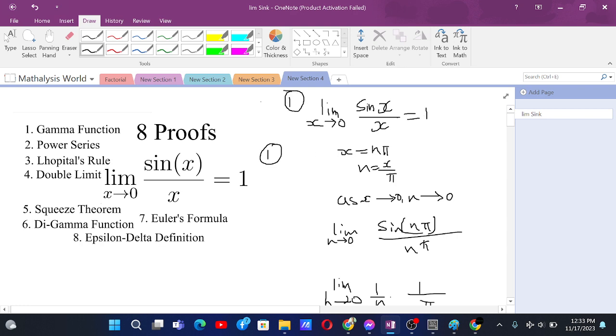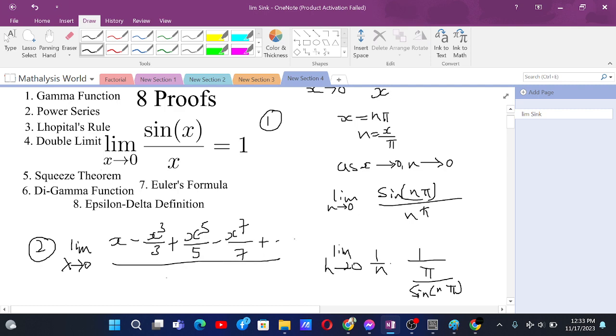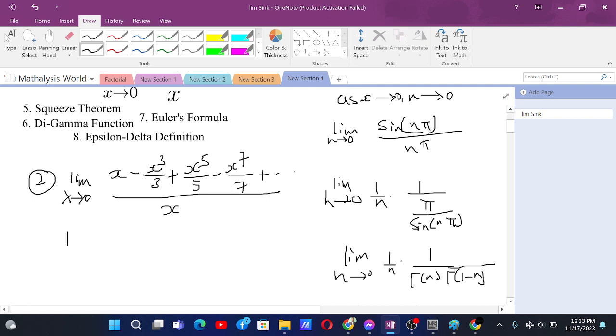The second way is through power series. We need to know the power series for sin x. And we have limit x tends to 0 of x minus x cubed by 3 plus x to the power 5 by 5 minus x to the power 7 by 7, and so on, divided by x. You can basically see where we are going.